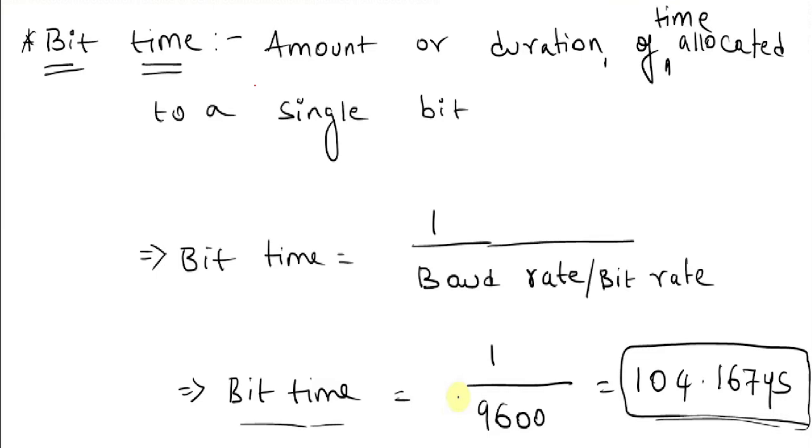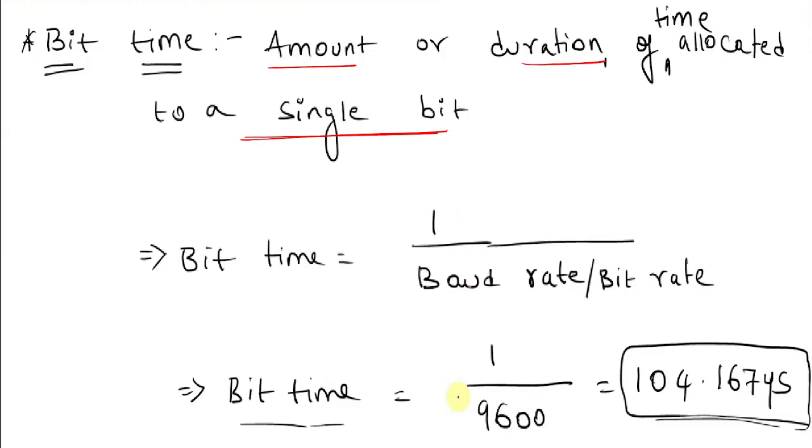And bit time. So what is bit time? The amount or duration of time allocated to a single bit. That is bit time. So bit time equals 1 by baud rate, or we can call it 1 by bit rate.